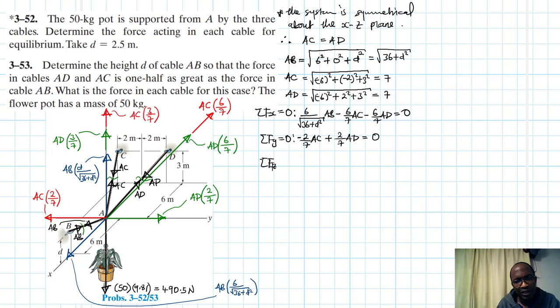Then we have finally summation of forces in the Z. What do we have?